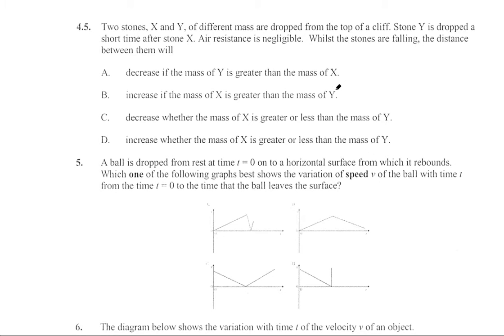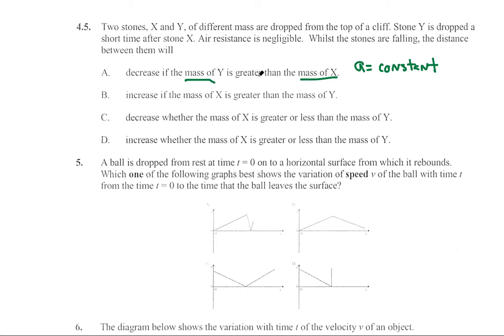If we take a look at these choices, and we want to know what's happening to the distance between them, we look at these first few choices. It's comparing the masses of the two objects, and what we know is that regardless of the mass, the acceleration of the two objects is constant.